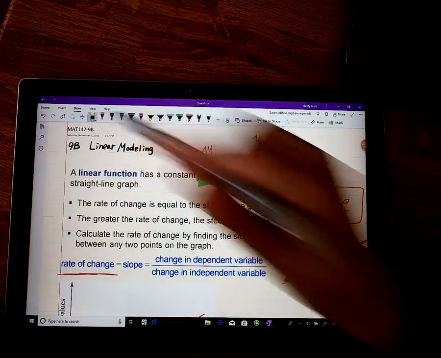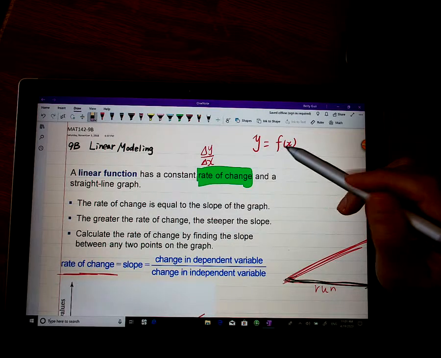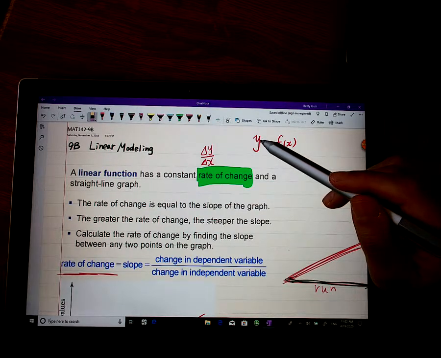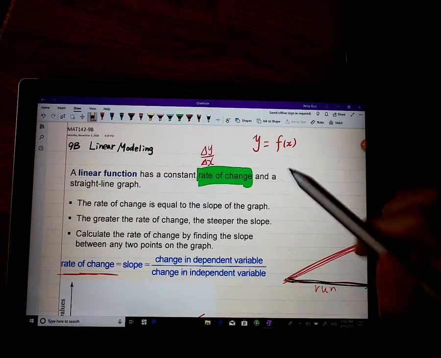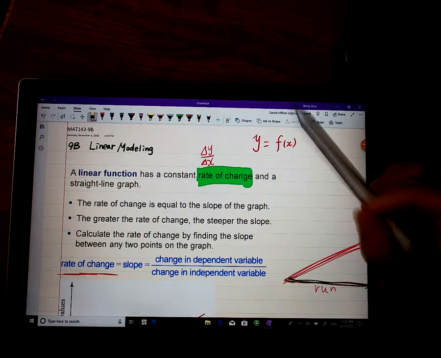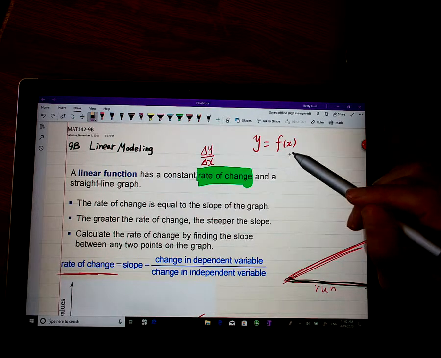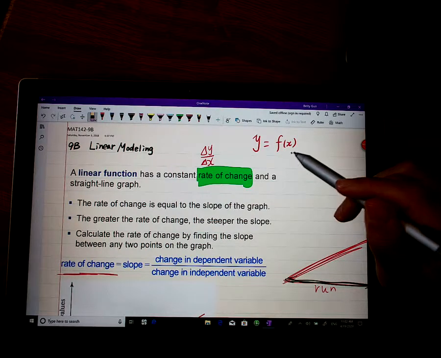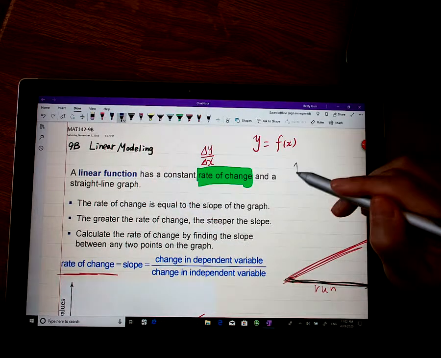Let me give you a very simple example. Let's say the function here has the independent variable as the time in days, and the dependent variable is the money I'm going to give you. I just made it up, okay? So let's say the way I pay you is every day, the first day, let's say today is the first day, I give you $1.